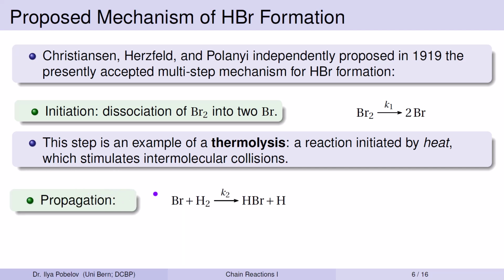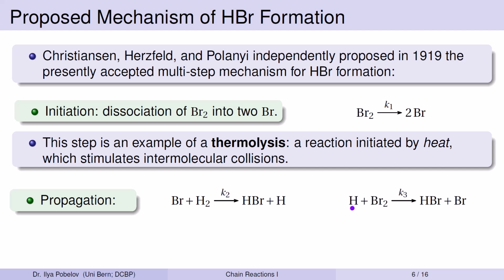Propagation. The bromine radical reacts with a hydrogen molecule to form hydrogen bromide and a hydrogen radical. This step propagates the chain reaction and is assigned the rate constant k2.